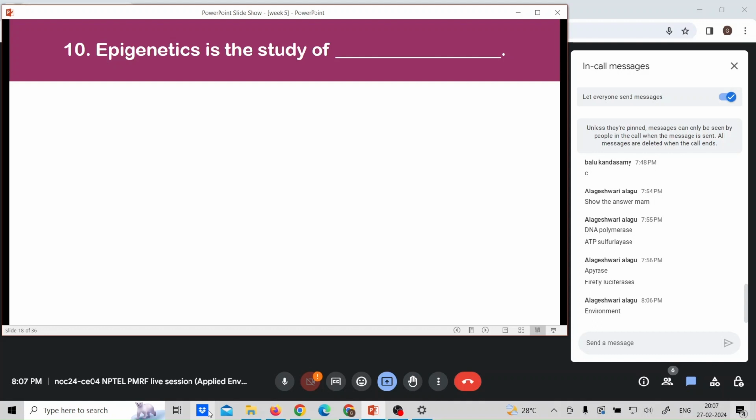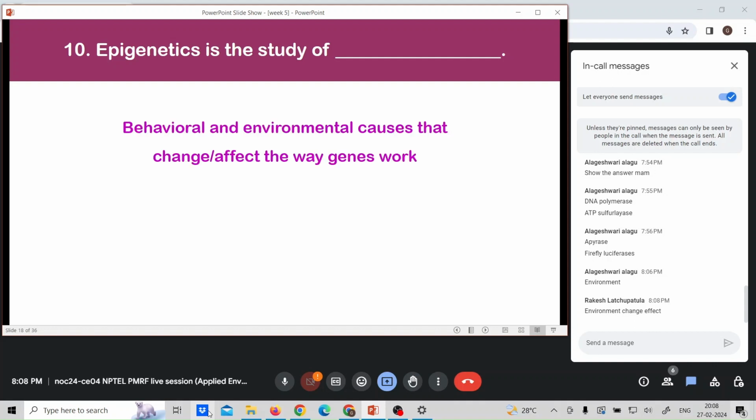So epigenetics is going to be something related to that. Right, environment change effect. You're perfectly right. What we study in epigenetics is basically the behavioral and environmental causes that change or affect the way the genes work.